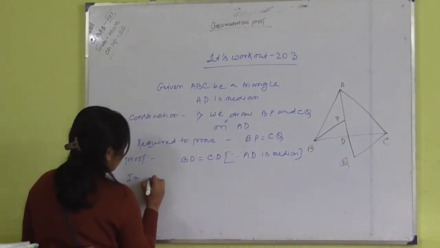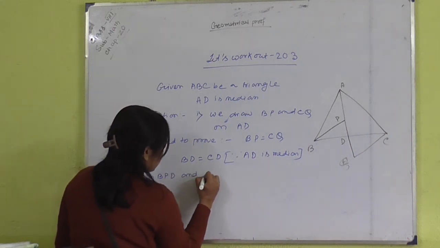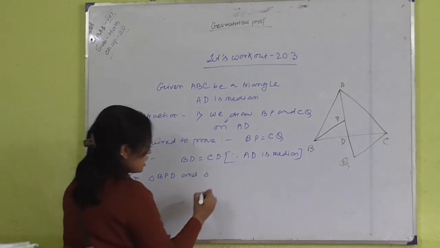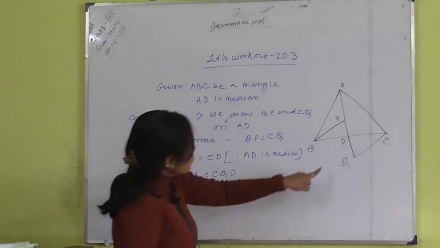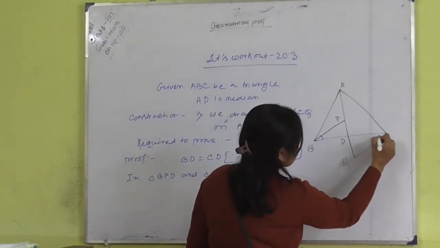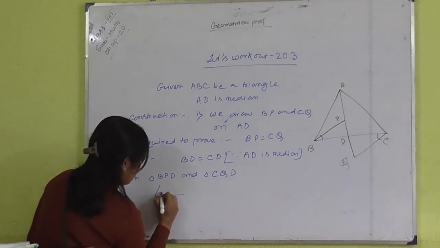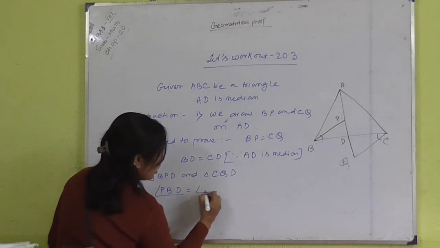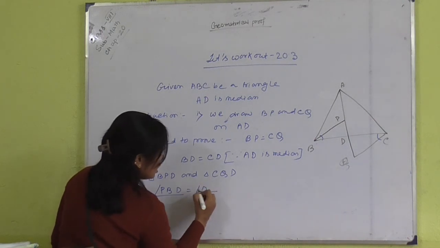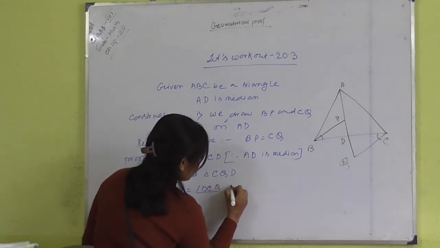In triangle BPD and triangle CQD, this angle and this angle are corresponding equal, that means PBD equal to DCQ, corresponding angles.